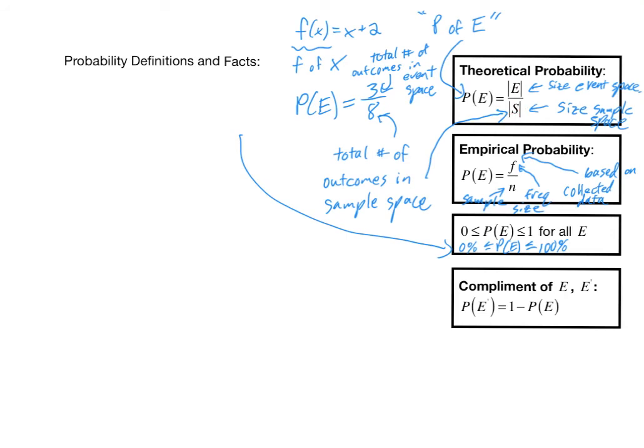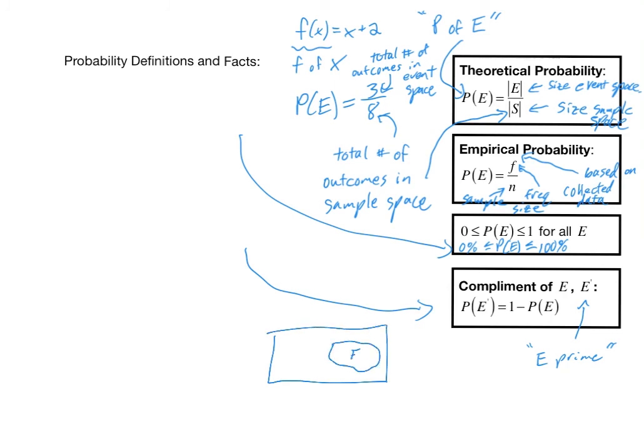And you see there's one more probability fact here involving the complement of an event E. So the notation for the complement of an event E is E prime. That's read as E prime, where you've got the little tick mark here in the superscript position on the E. The complement of an event is everything else in the sample space that's not in the event E. So for example, if this is your entire sample space and all of these outcomes are in your event E, then the complement is everything else out here.